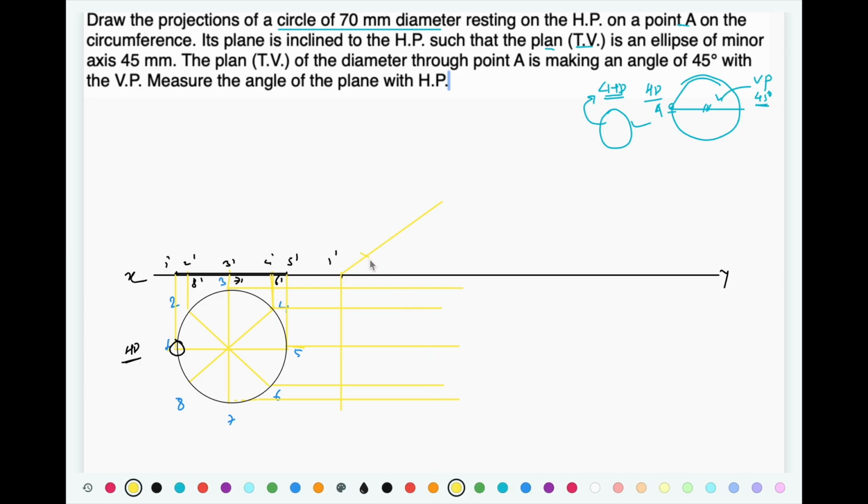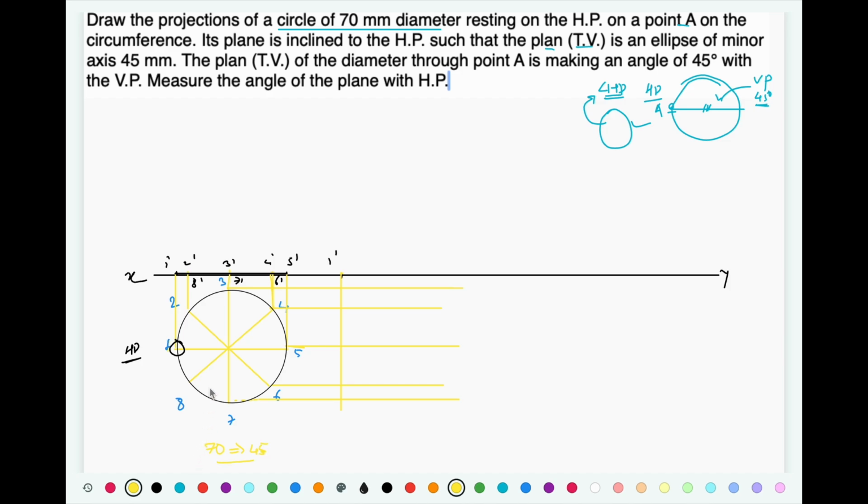So I'll erase this front view for the time being because that we have not been given. Now what they have given: the minor axis is 45 mm, the diameter of the circle is 70 mm, and that is to be reduced.